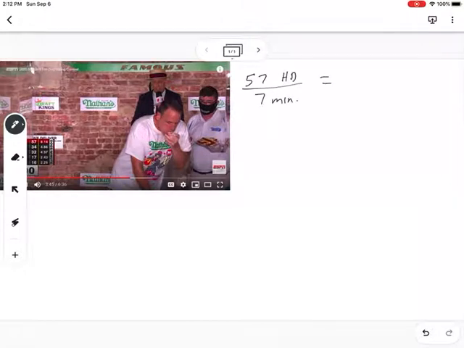And we've been saying, okay, well, one way to look at this would be to find the unit rate, because that would be the proportional amount that he would eat per minute, and then we could just scale that up to however many minutes. So I got my calculator here in my hand, and I'm going to go 57 divided by 7, and it's 8.14, so I'm going to round and say that's about 8.1 hot dogs per minute.